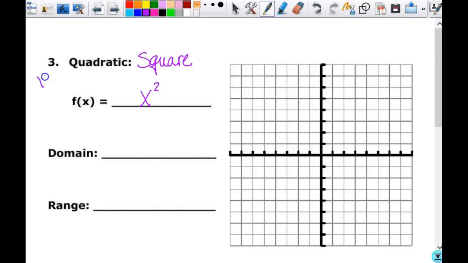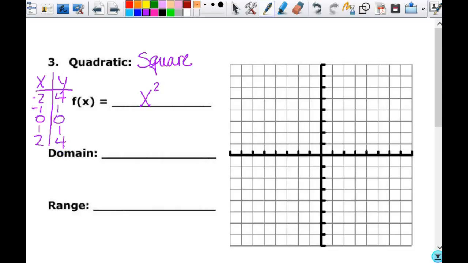So we want x, y. All right. And then we'll do the same ones. -2, -1, 0, 1, and 2. I'll do the easy ones with you. So if x is -2, what's y? 4. If x is -1, what's y? 1, and then the next one is 0, 1, and 4.